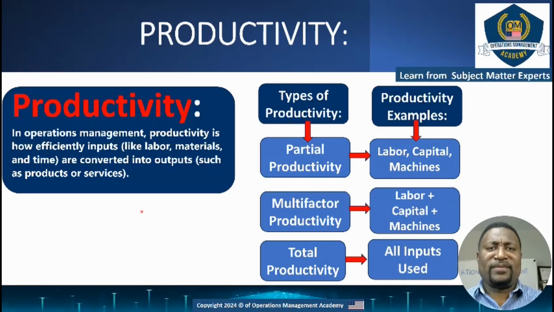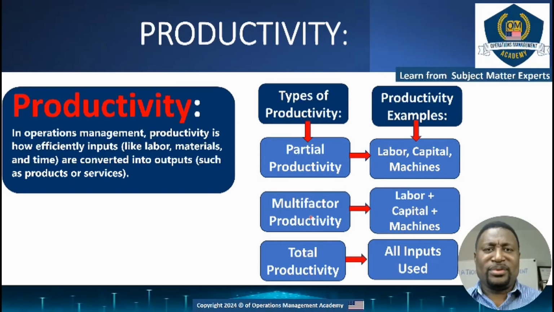So typically we have three types of productivity. We have what we call partial productivity, and then multi-factor productivity and total productivity. Partial productivity is when you use only one input. It could be labor, then we're going to call that labor productivity. It could be capital, or it could be machines.